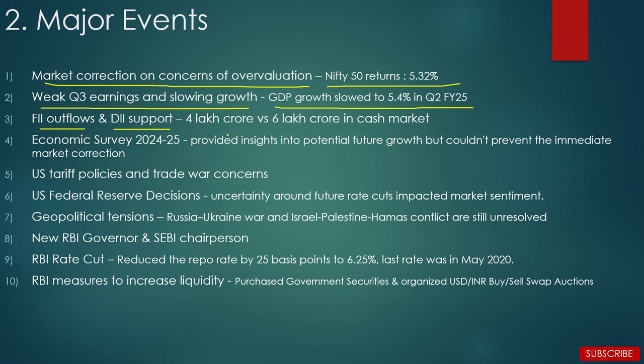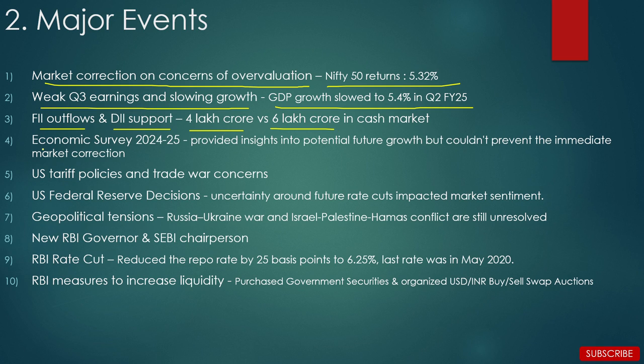The FIIs in the cash market sold net 4 lakh crore, but DIIs supported and they injected 6 lakh crores in the entire financial year in the cash market. So there's a tug of war going on between FIIs and DIIs, and DIIs are outperforming FIIs. And just imagine a scenario if DIIs were not there with this much amount of injection, where would we have been now?